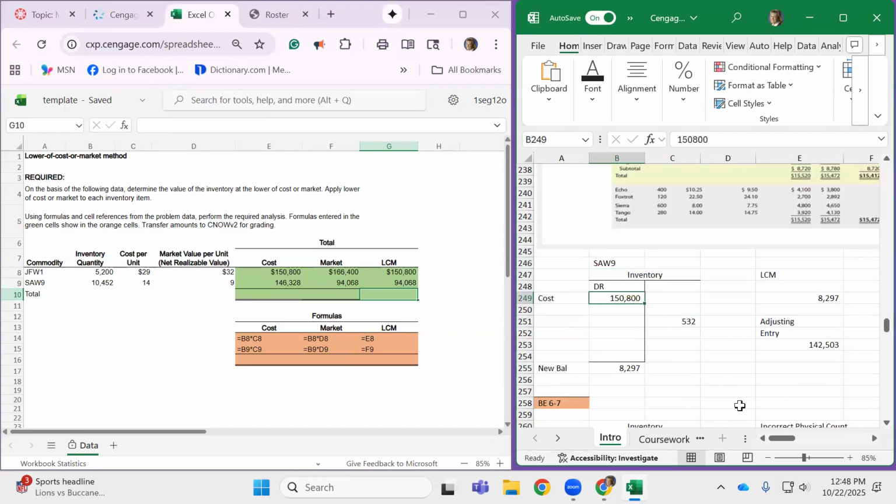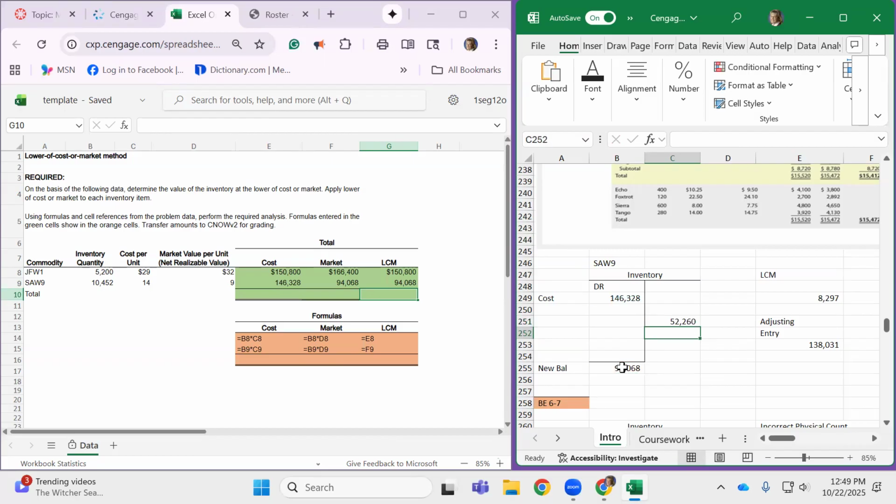So if SAW9 cost us $146,328 and we want it to have $94,068, then we've got to do an adjustment. The difference between these two, right, is the cost.